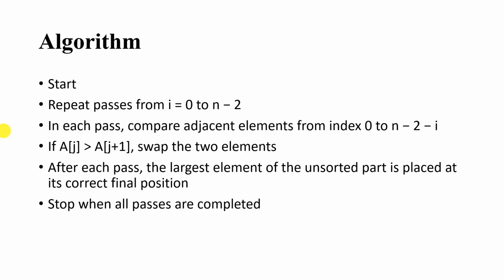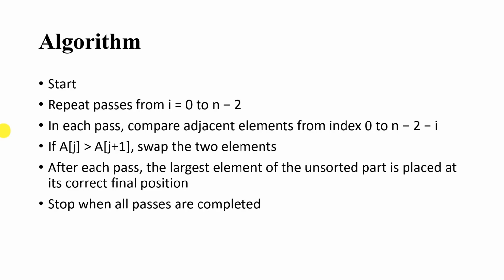Both are the same. Why is it like that? Because every pass, one element will be bubbled up. That is why we write n minus 1 minus i in the inner loop.